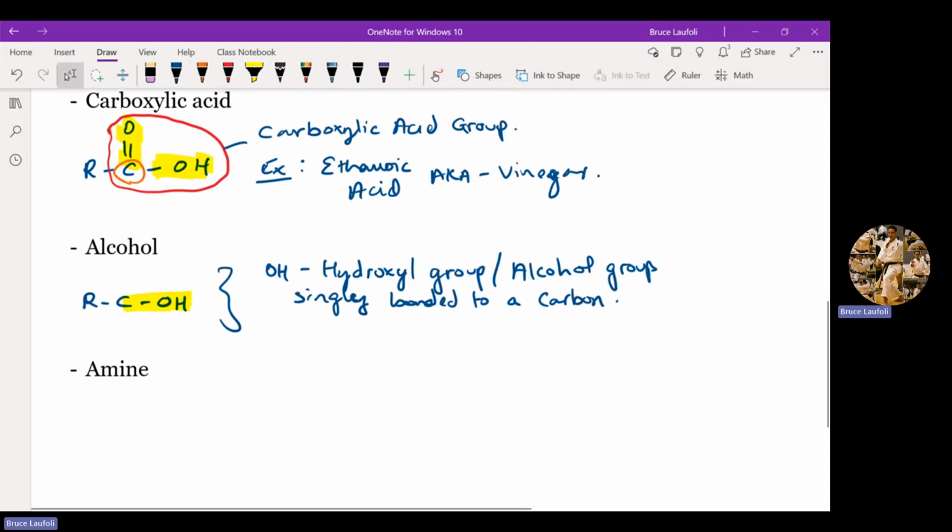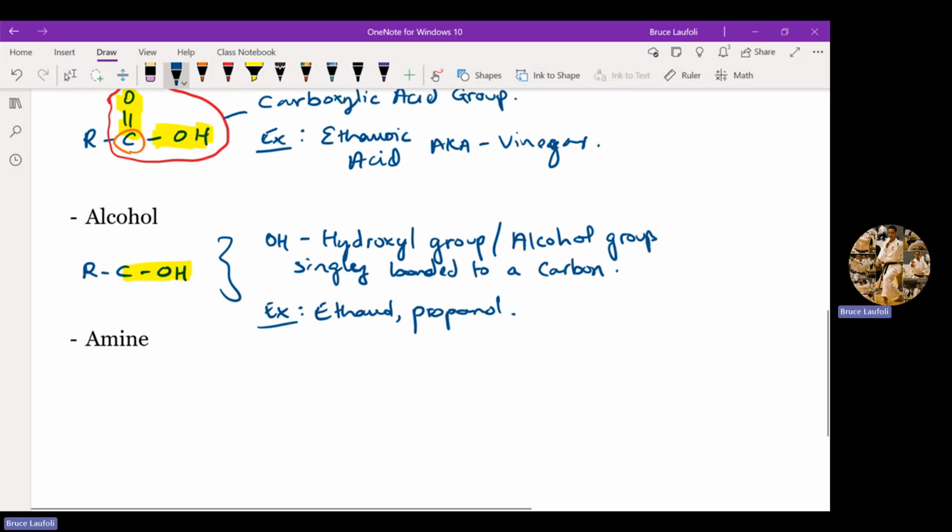Okay, and I'm sure everyone is aware of alcohols. We have ethanol, propanol, methanol.